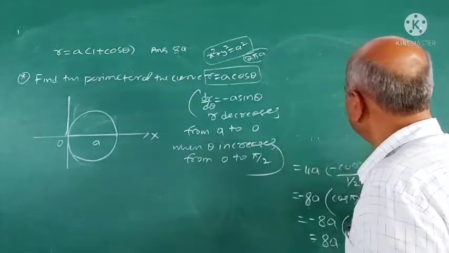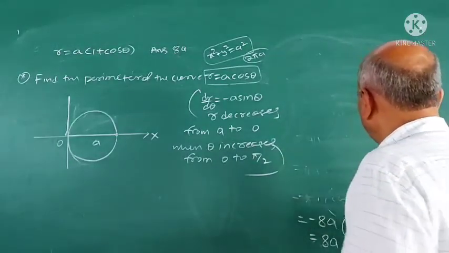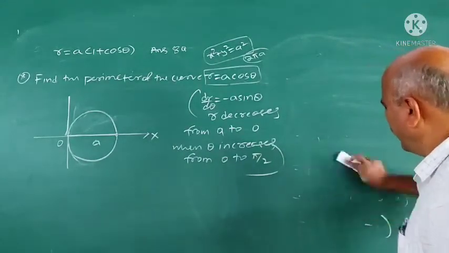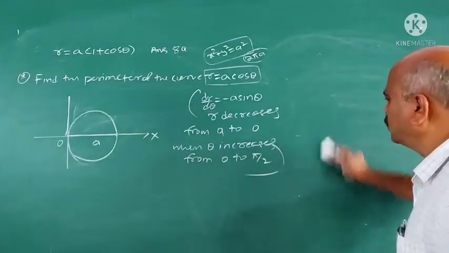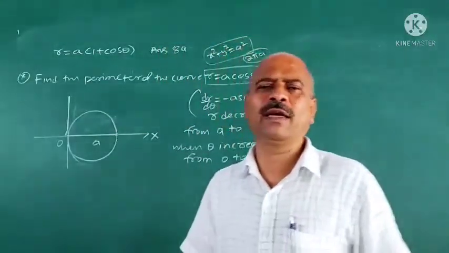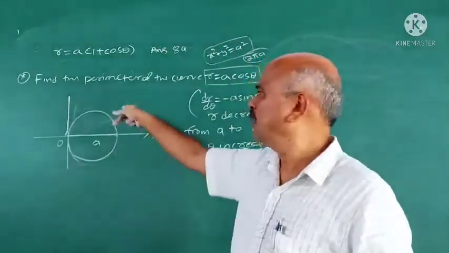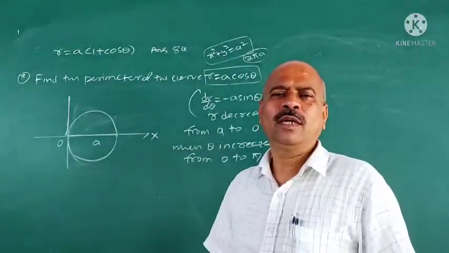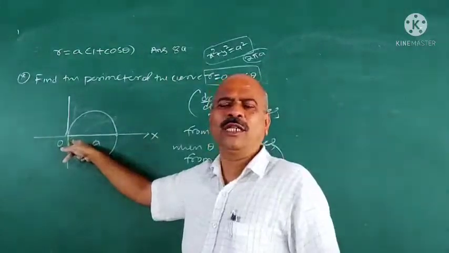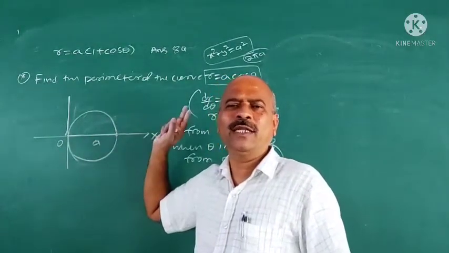That is important. Diameter is a. If the diameter is a, what is the perimeter? The radius becomes a by 2. So the perimeter is pi into a, not 2 pi a here. Therefore the question is important. If the question is asked as an MCQ, and you know the shape of the curve, that is a circle, you can write the answer.